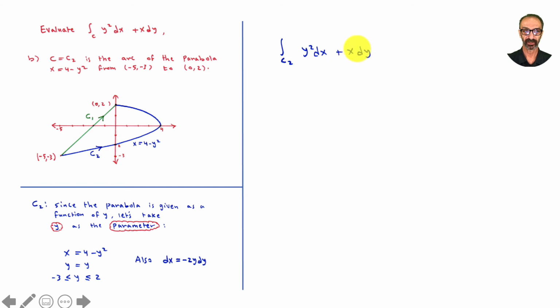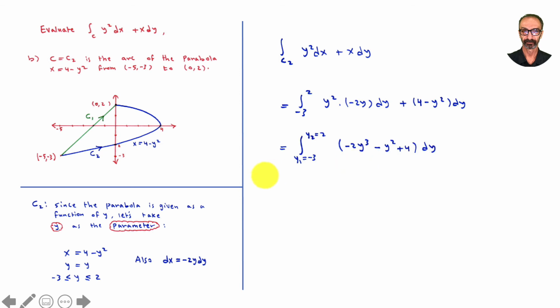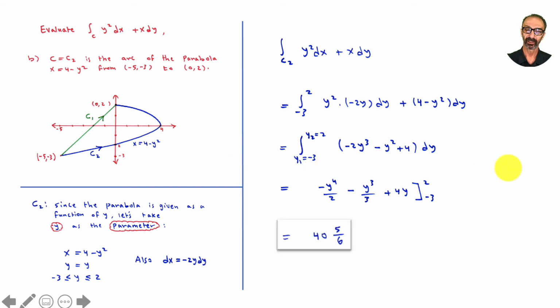Instead of x, we're going to write 4 minus y squared. Instead of dx, we're going to write minus 2y dy. Everything is in terms of dy, one variable. Regular integration, polynomial. Do the math, and I got 40 and 5 over 6.